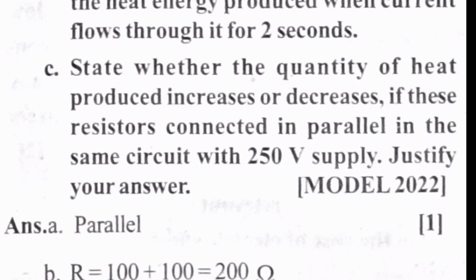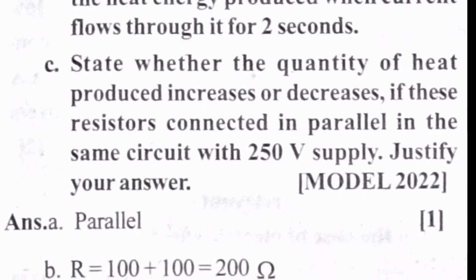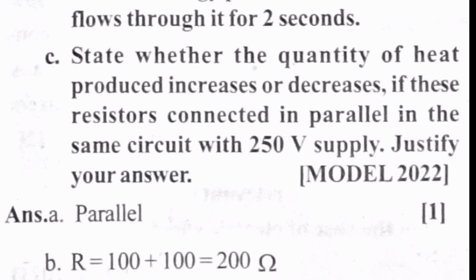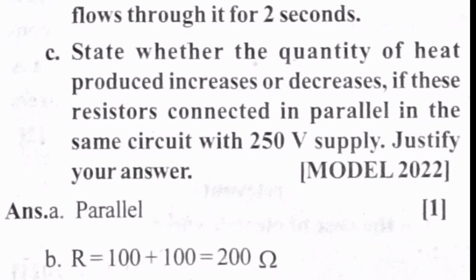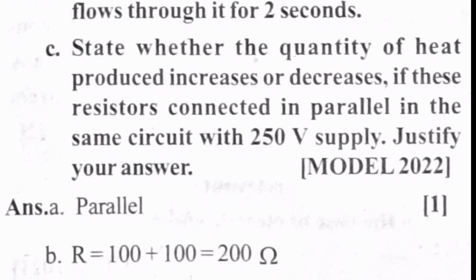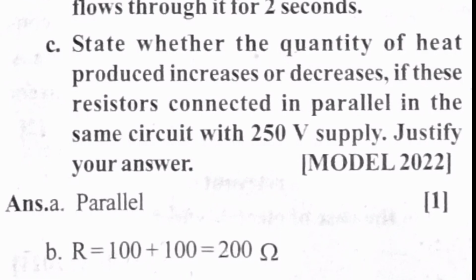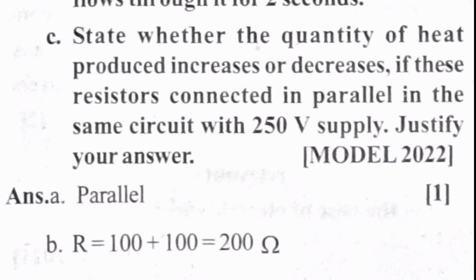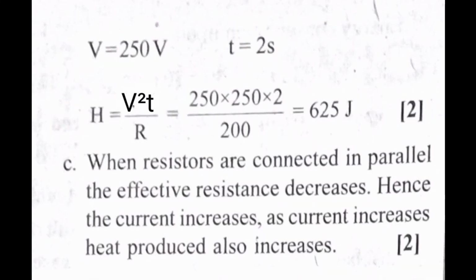Here we have the two resistors as 100 ohms. What will be the equivalent resistance in the case of series combination? Yes, that will be R1 plus R2, right? So R is equal to 100 plus 100, that is 200 ohm. Here we have V equal to 250 volt and t as 2 seconds.